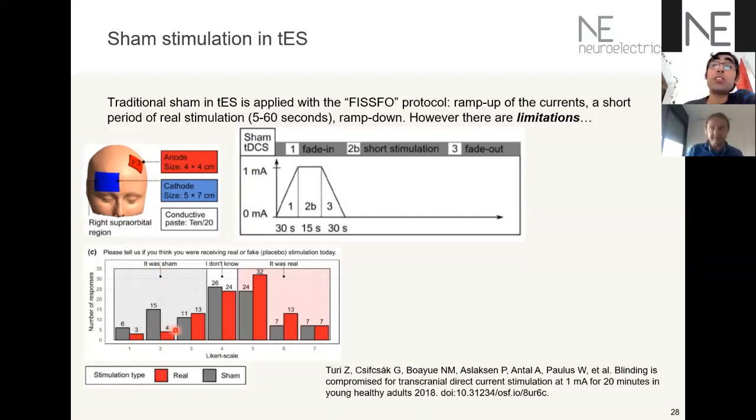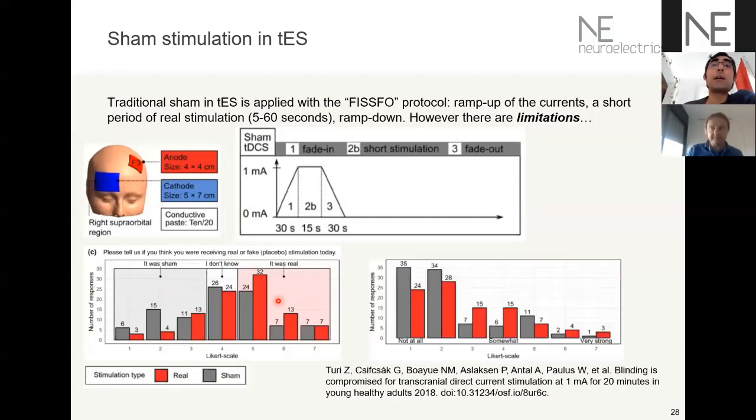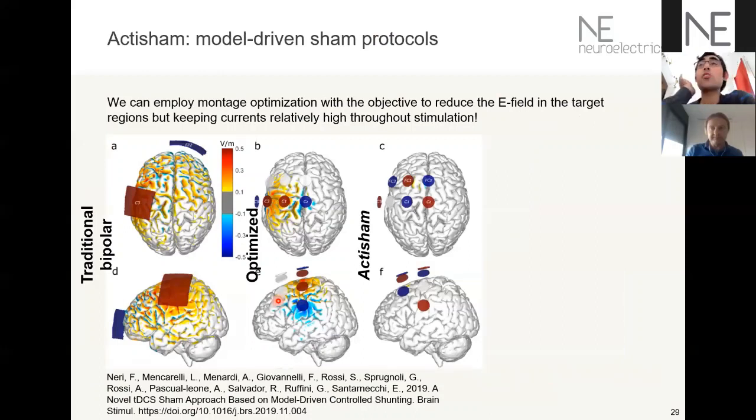Most patients that received sham stimulation replied that they thought they had received sham stimulation, whereas most patients that received real stimulation reported that they thought they had received real stimulation. So is there a way to improve this simple protocol for generating a sham condition?